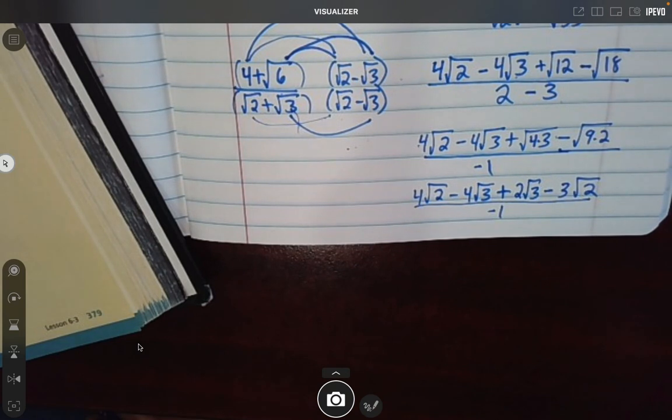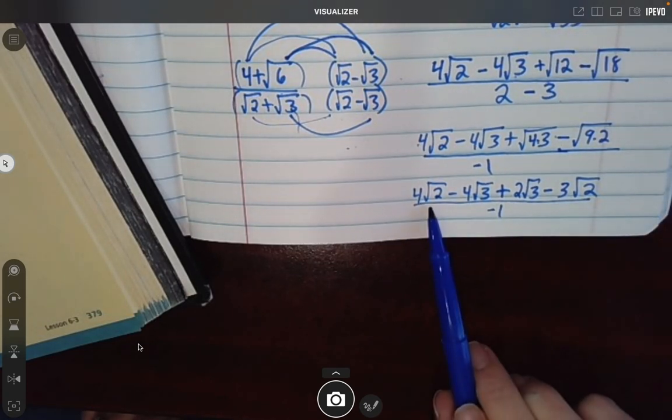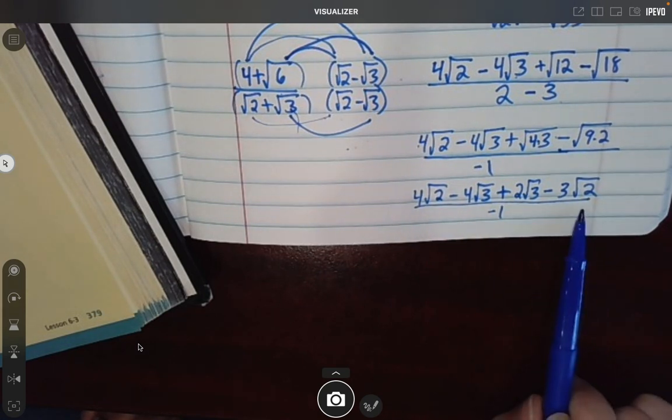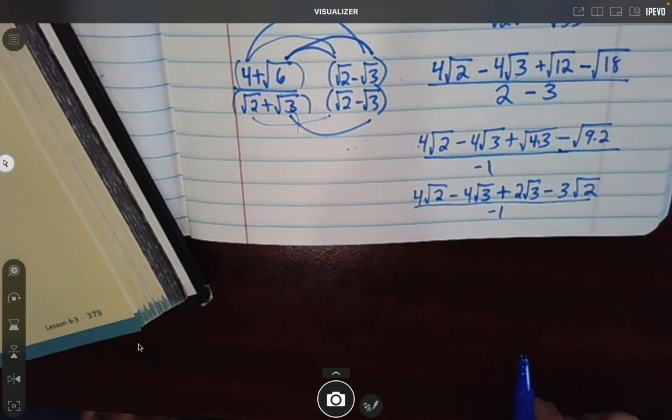Okay. So look and see if you understand all I did from here to here. The square root of 4 is 2. The square root of 9 is 3. That's all I changed. Now, do we have any like terms? 2 of them. What is 4 square root of 2 minus 3 square root of 2? It's just 1 square root of 2.